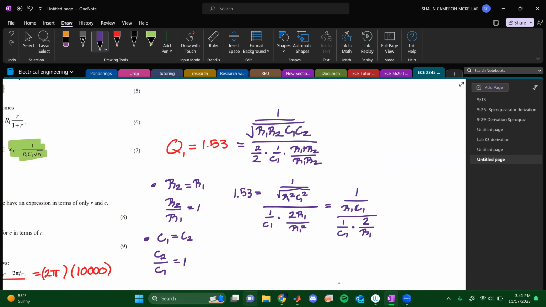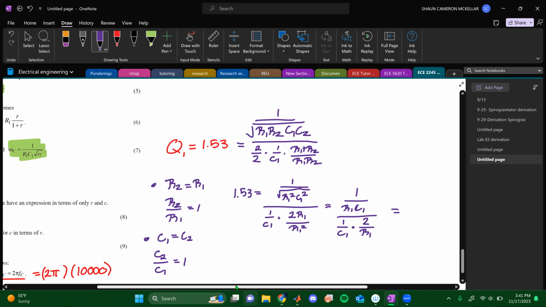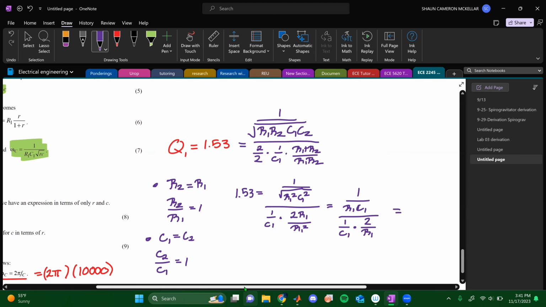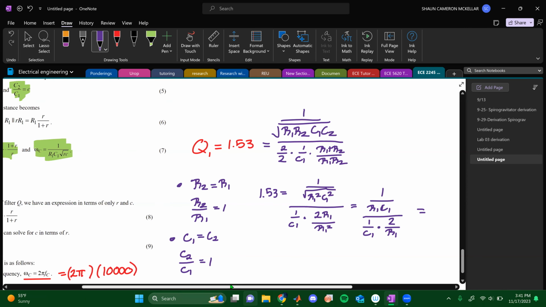And I see my R1s cancel, so then I get, wait, did I make a mistake here? This looks like everything cancels out. And it's also an inequality, so I must have made a mistake somewhere.